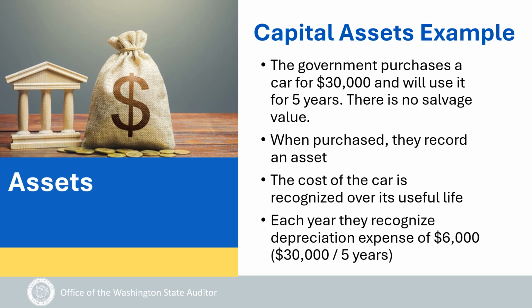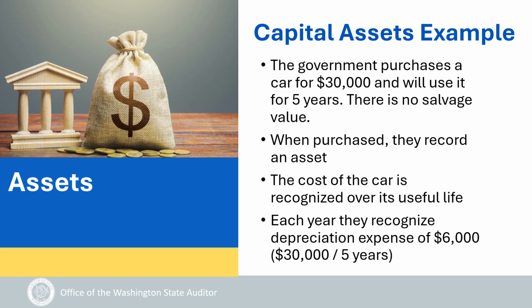Let's say a government purchased a car for $30,000. And they will use it for 5 years. There is no salvage value, meaning at the end of the 5 years, the car will be worth $0. Instead of recording a $30,000 expense, the government reports a capital asset of $30,000.